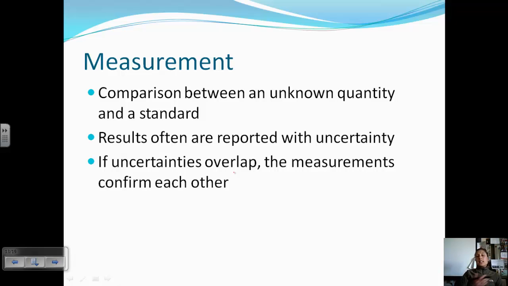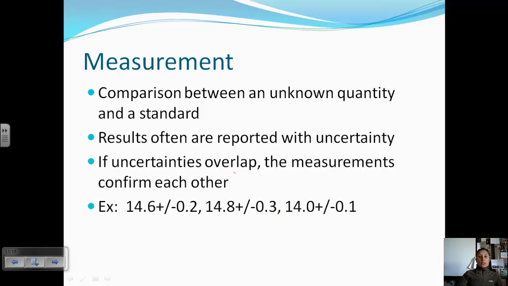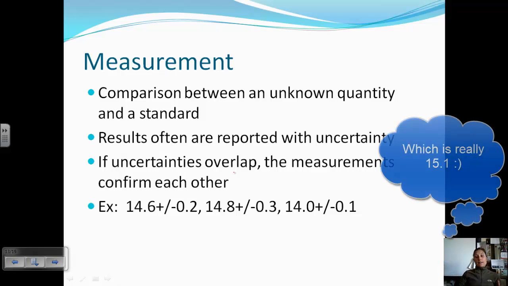If, let's say, 10 people measured the length of a book, and those uncertainties overlapped, then we would say that those measurements confirm each other. For example, we have 14.6 plus or minus 0.2, and that means it really could range from 14.4 to 14.8.